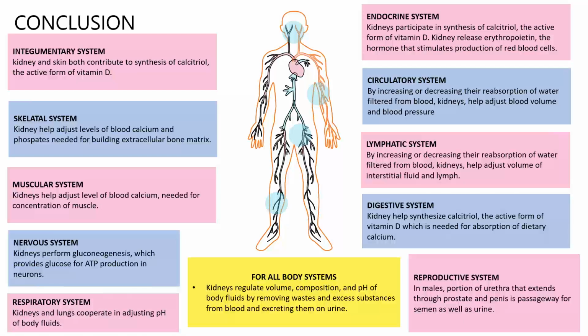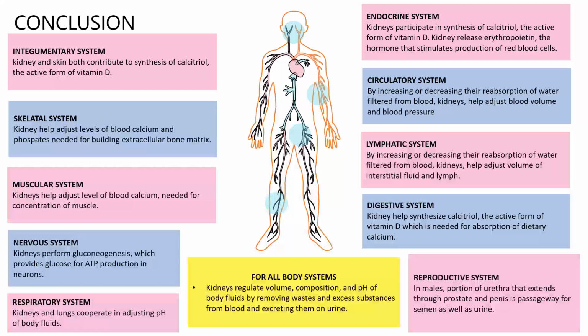Last but not least, what we can conclude about this topic is the contribution of the urinary system to all body systems. Kidneys regulate volume, composition, and pH of body fluids by removing wastes and excess substances from blood and excreting them in urine.